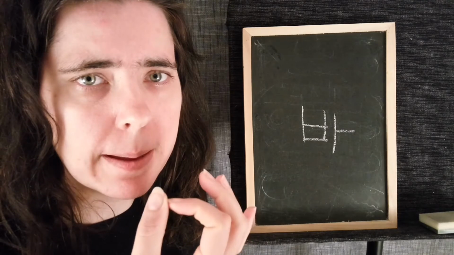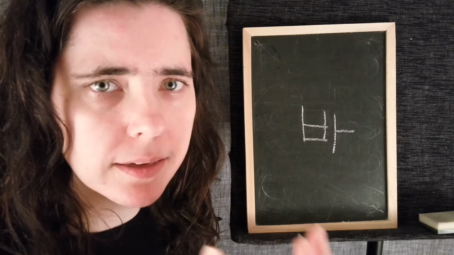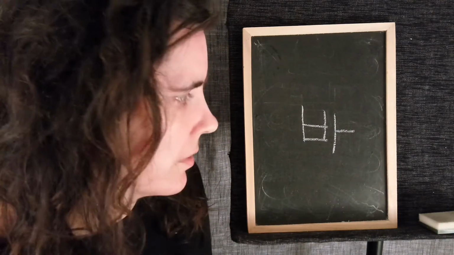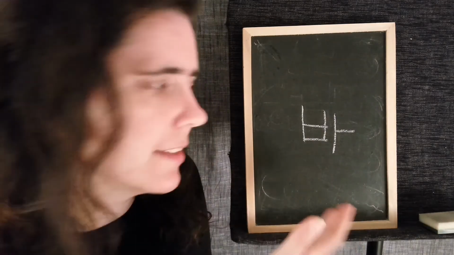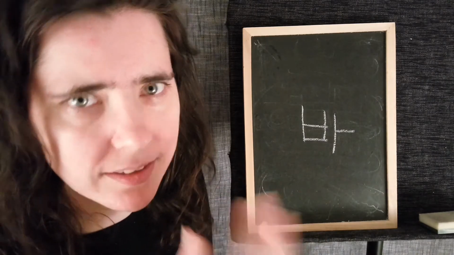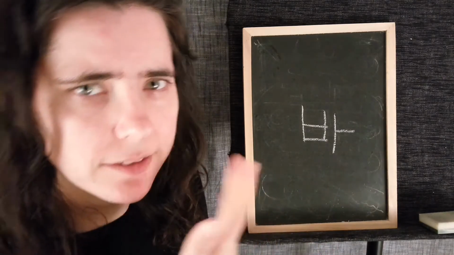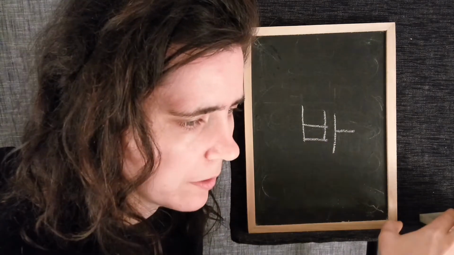So ba, pa. I think the ba sound is the hardest. It's easiest for me to just say ba, but that's not quite correct as to what you would say at the beginning of a syllable. But yeah, so that's that one.